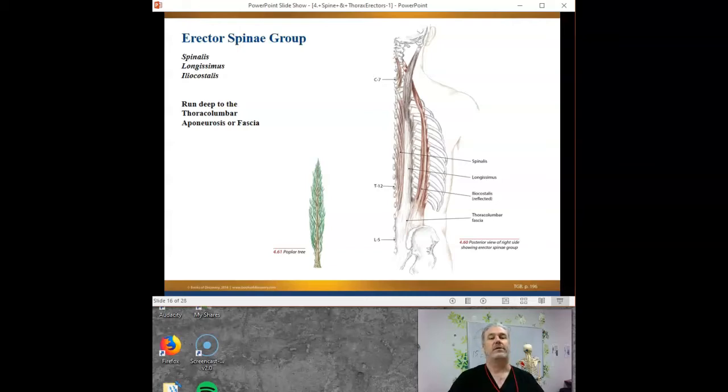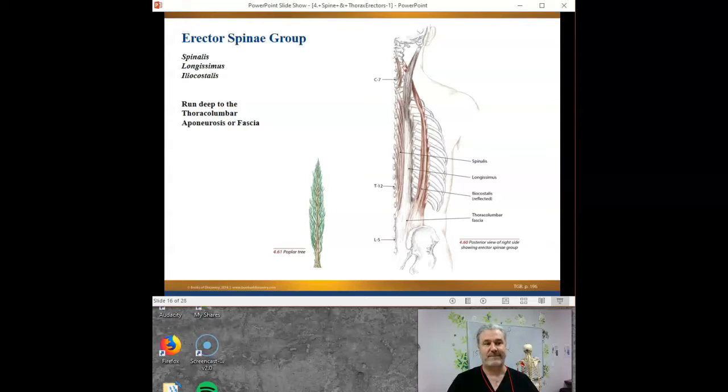Spinalis, longissimus, and iliocostalis. Good. That's all I wanted to hear. Mr. Kandaris, this group is called the erector spinae group. What is this group called? The erector spinae group. Thank you, sir. It's made up of the spinalis, longissimus, and iliocostalis. What makes up this group?